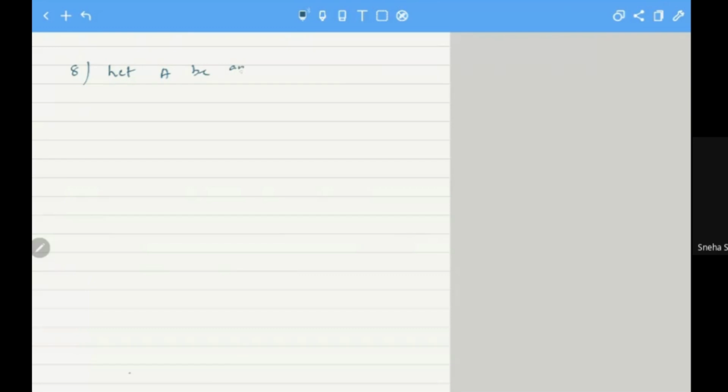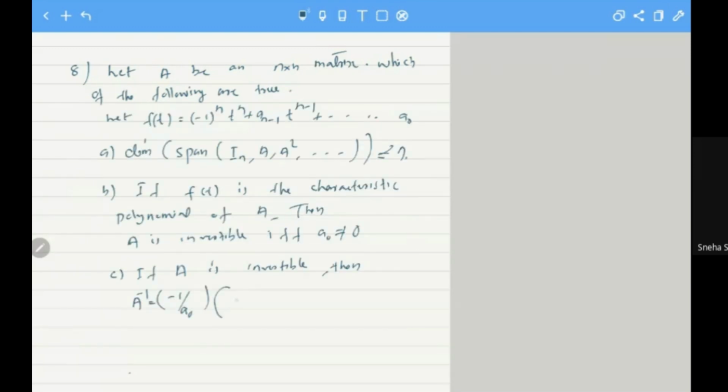Let A be an n by n matrix. Which of the following are true? f of t is defined as f of t equal to (-1) to the power n, t to the power n plus a n minus 1, t to the power n minus 1, plus etcetera, plus a naught, where a1, a2, etcetera, all are real numbers.